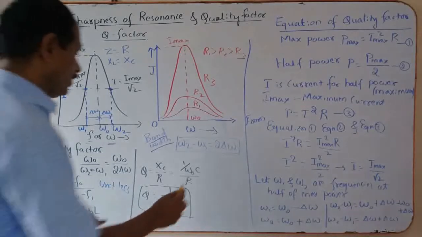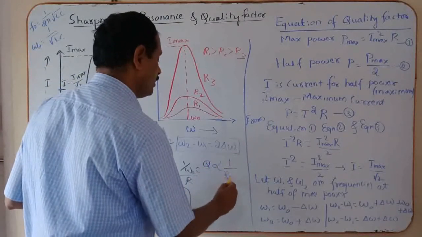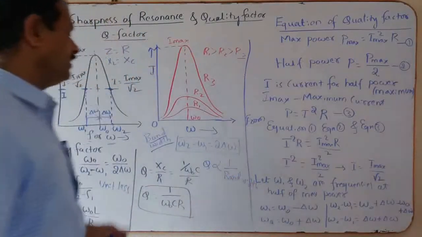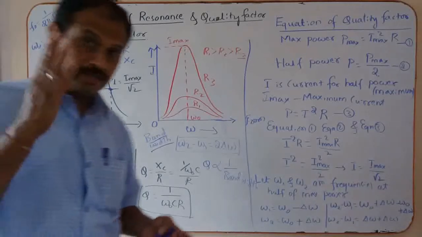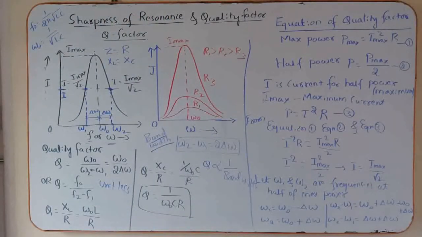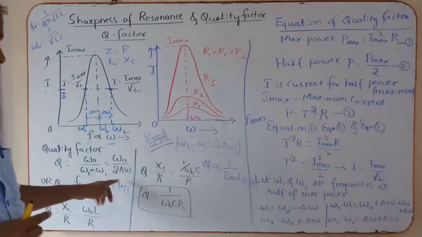Whatever it may be, quality factor is inversely proportional to bandwidth. There are three definitions. Quality factor is the ratio of the resonant frequency to the bandwidth.